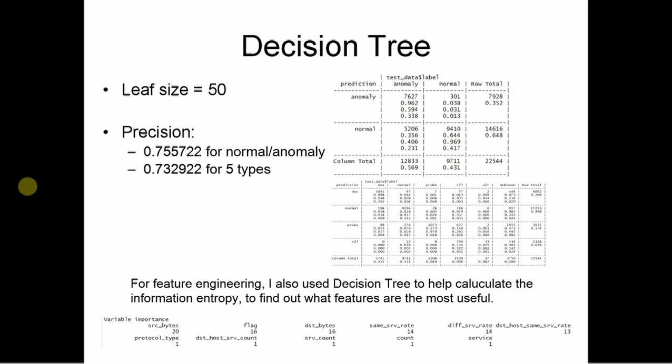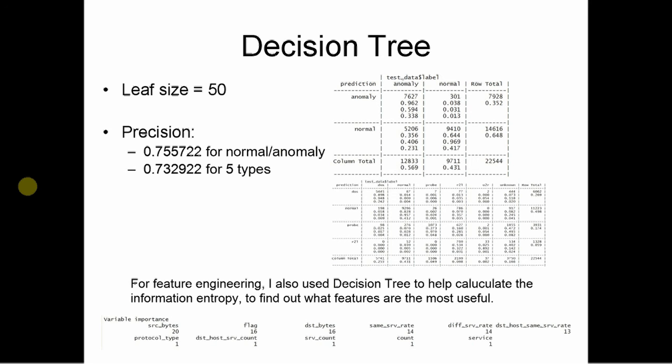First, let's look at the decision tree algorithm. After some trials, I found that when the leaf size is set to 50, I can get a pretty good result. The precision for the binary classification is around 75%, and the precision on the 5-type classification is around 73%.